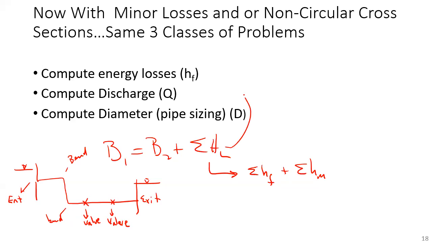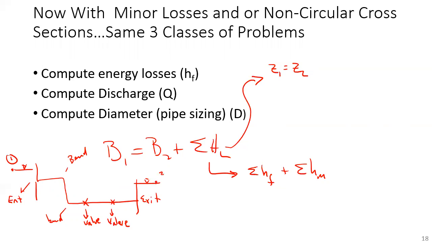And so when we expand this energy equation, E1 is just the energy grade line, the water surface of that first reservoir. P over gamma is 0 if point 1 is on the surface, V1 squared over 2g is 0. That's equal to Z1. Because again, you should always label your points.